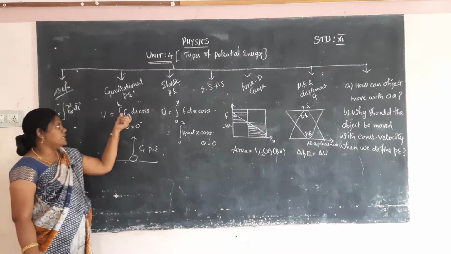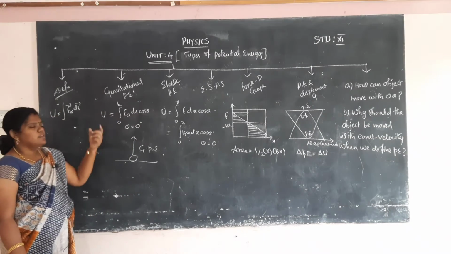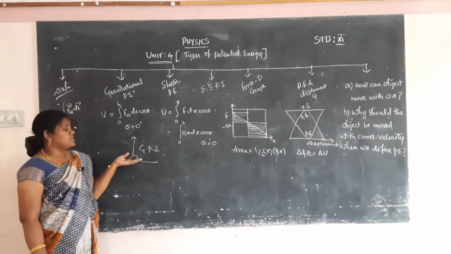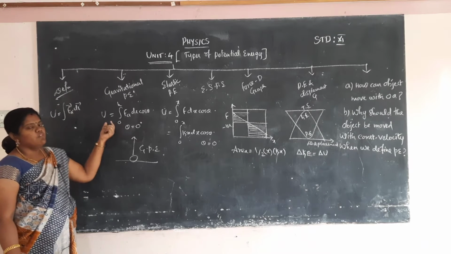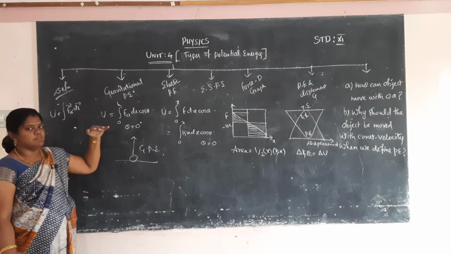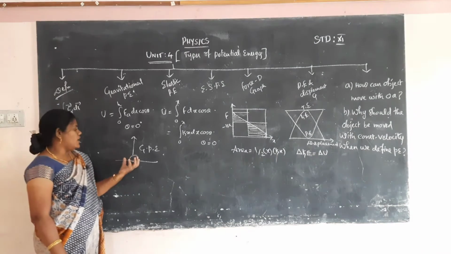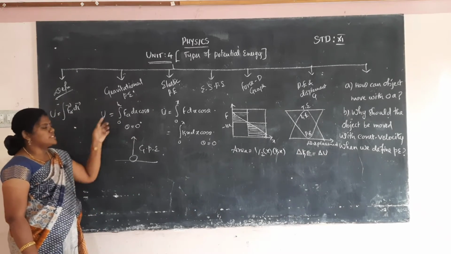Then we apply the limit 0 to height, because the ground side is not displaced, so the initial position is 0. Finally the object covers some height from the ground, so the object covers distance h. So 0 to h is the limit.